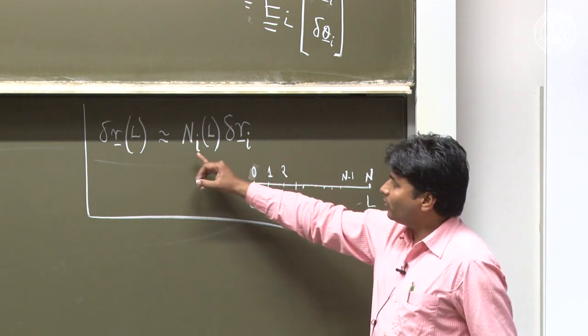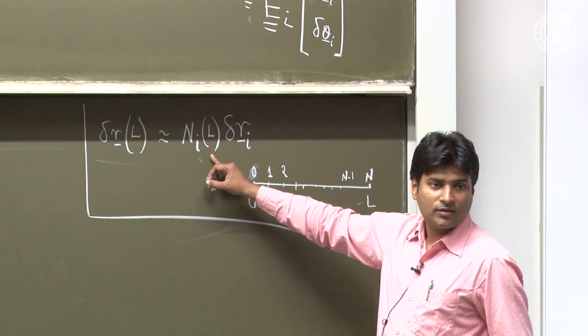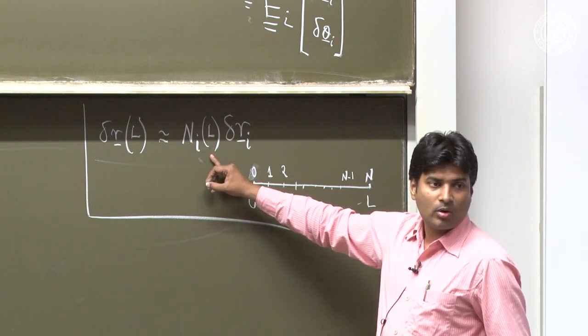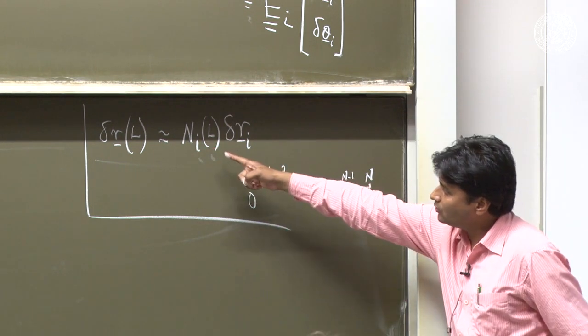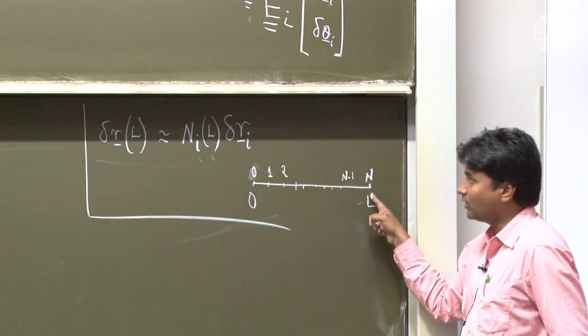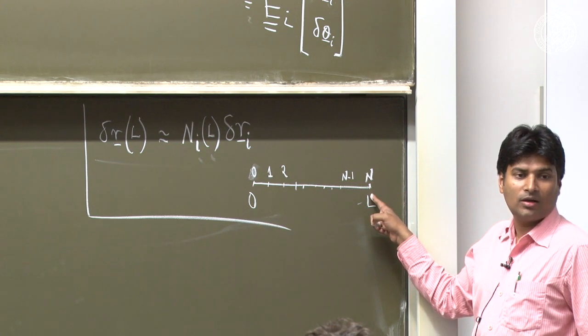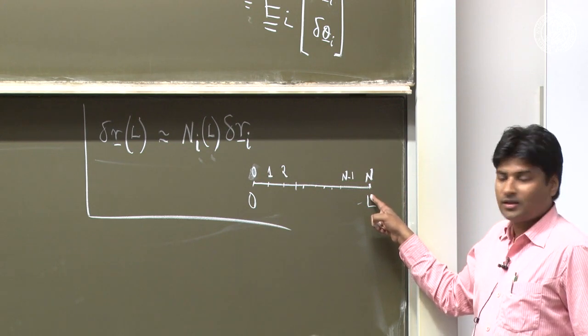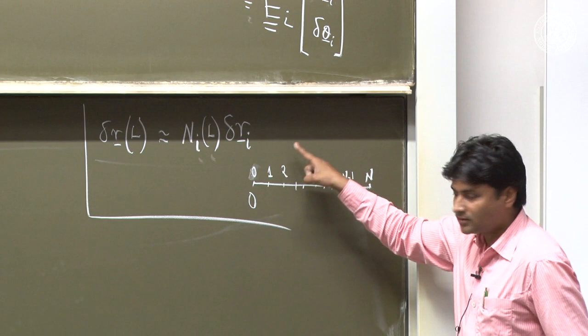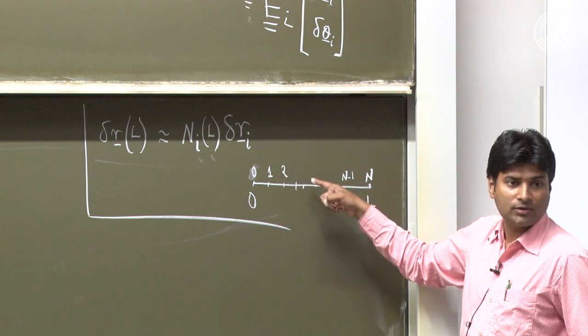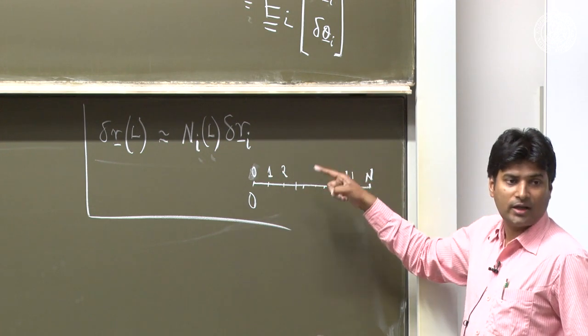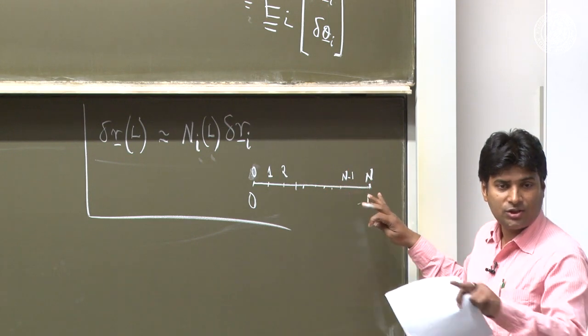So, what is big Ni of L? You remember the property of the shape functions, we have to evaluate those shape functions at L, for example. So, what will be big Ni of L? The shape functions were such that the ith shape function was 1 at the ith node and 0 at every other node.